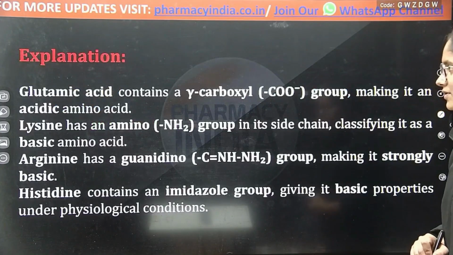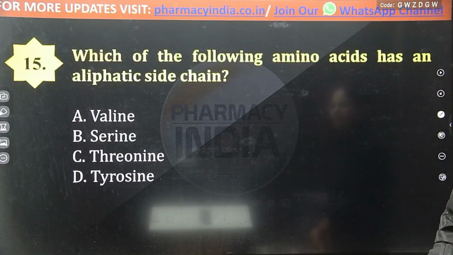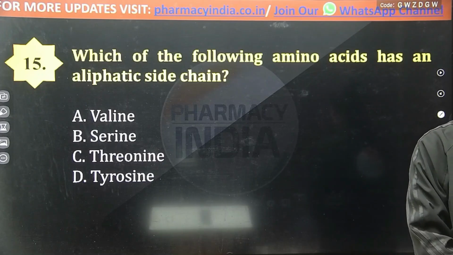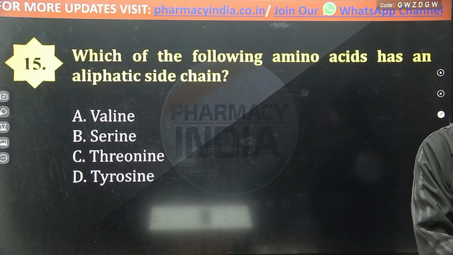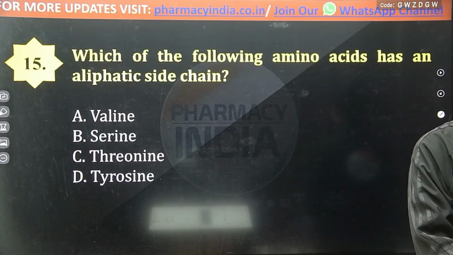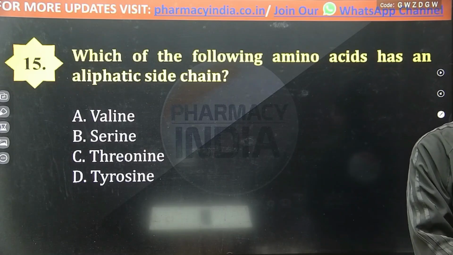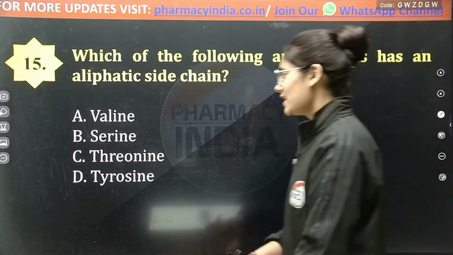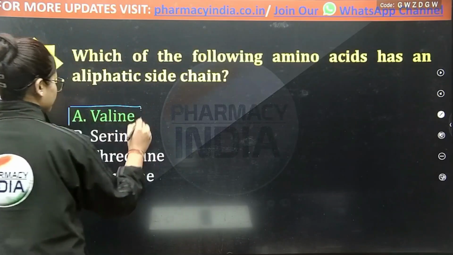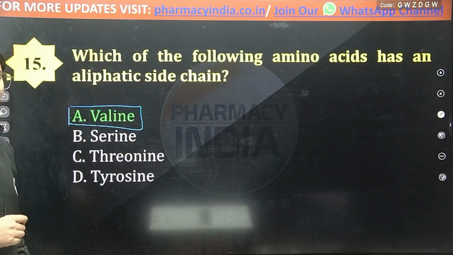Alright, next question. Which of the following amino acids has an aliphatic side chain? Now, the question is asking about that amino acid which has an aliphatic side chain. Valine, serine, threonine or tyrosine. Correct option is valine. Clear?